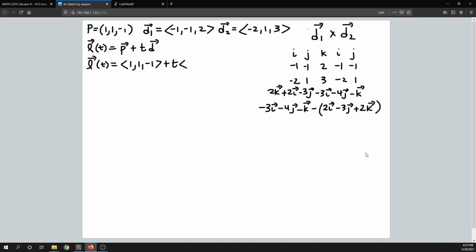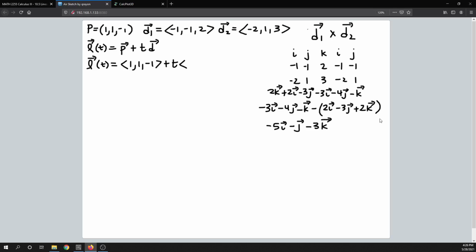All right, and then go ahead and carry out those operations. -3i minus 2i is going to be -5i. -4j minus -3j is going to be -1j. And then -1k minus 2k is going to be -3k.